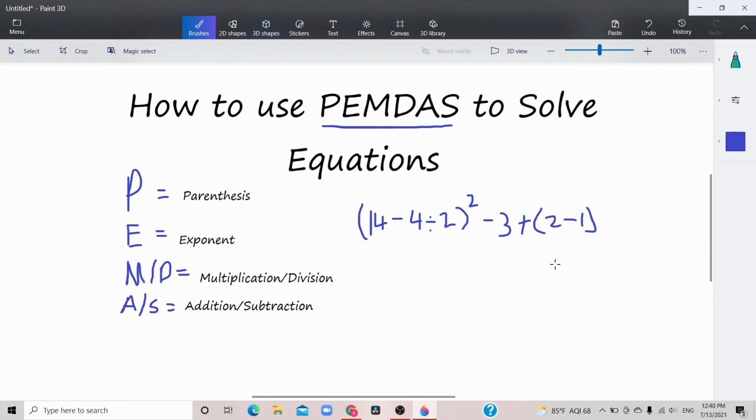So for this equation that we're going to solve later in this video, you can already tell what you would need to do if you know how to use this method.